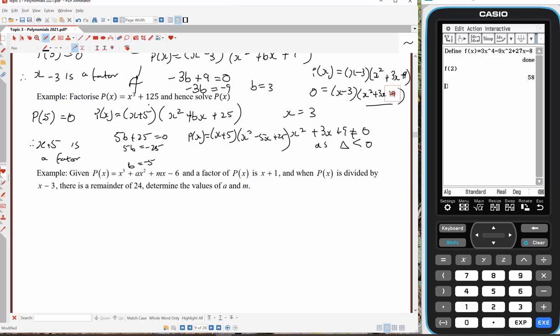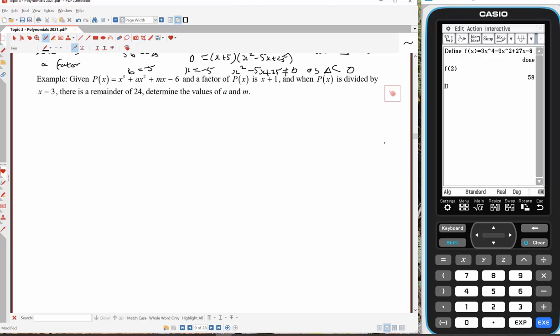So we've only got the one x-intercept, which is at x. Ooh, I jumped the gun there. I really want to solve this thing, but I've got to include this line. 0 equals x plus 5, x squared, take 5x plus 25. X is equal to negative 5. x squared take 5x plus 25 cannot produce solutions. So we're going to say not equal to 0 as last time. Discriminant is less than 0.